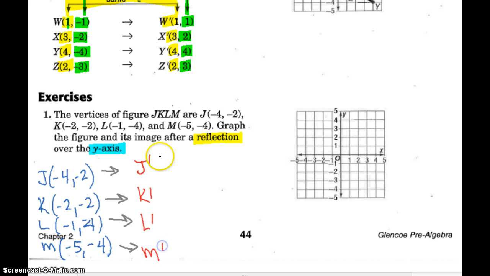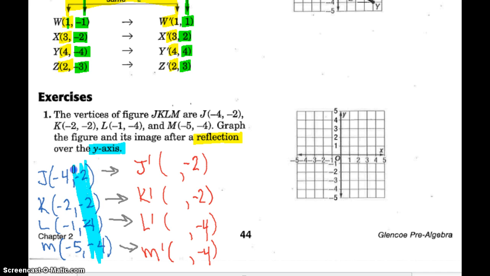We're going to change it. And Hunt just told us what stays the same? The y, not the axis. Of course the y-axis stays the same. The y coordinates. So I'm going to just go through and copy down negative 2, negative 2, negative 4, negative 4. Because those y coordinates right here are going to be my y coordinates right here.